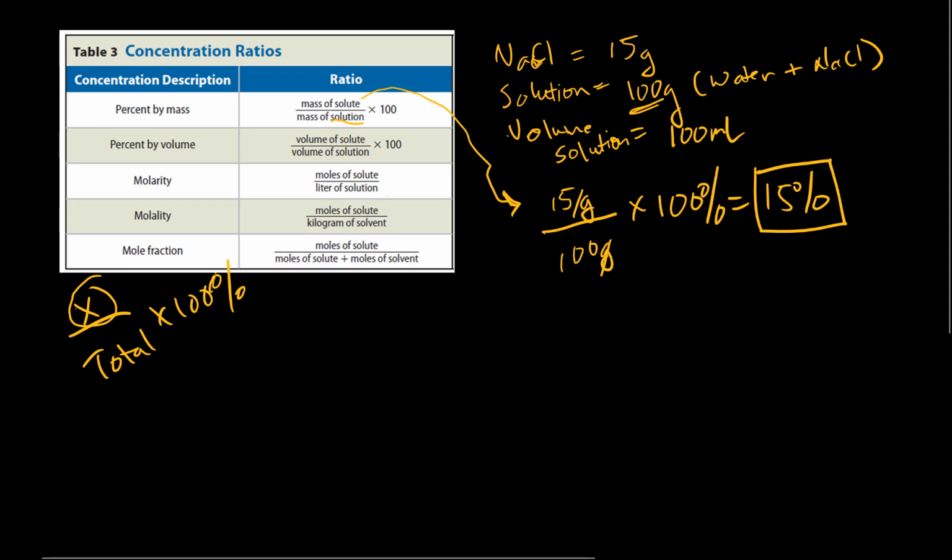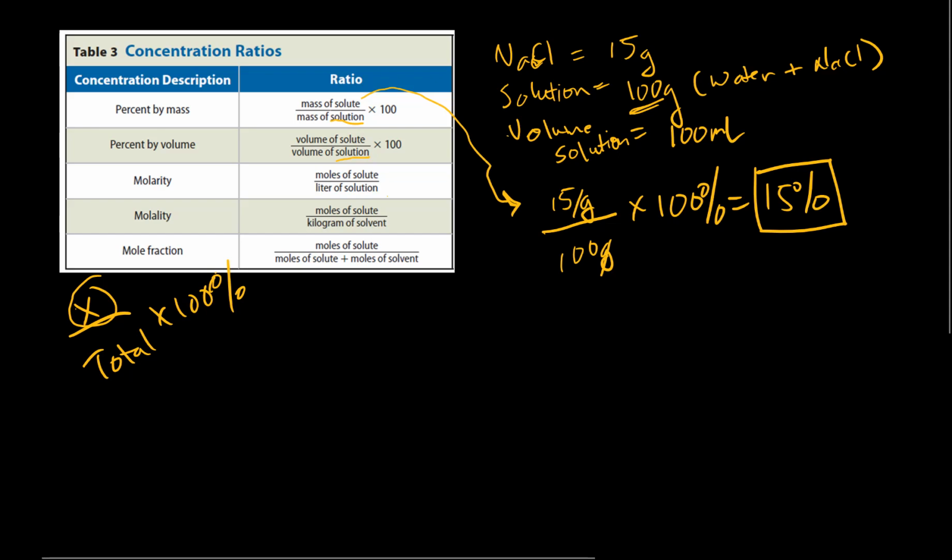So just be aware, again, I would write these down, and when you need to use them, just use them exactly like it says there on the chart. And just be careful that, especially when you talk about your denominator, if it says the solution like this, that means you don't just put the solvent, you have to add the solvent and the solute. It's the total solution is what you're looking at.